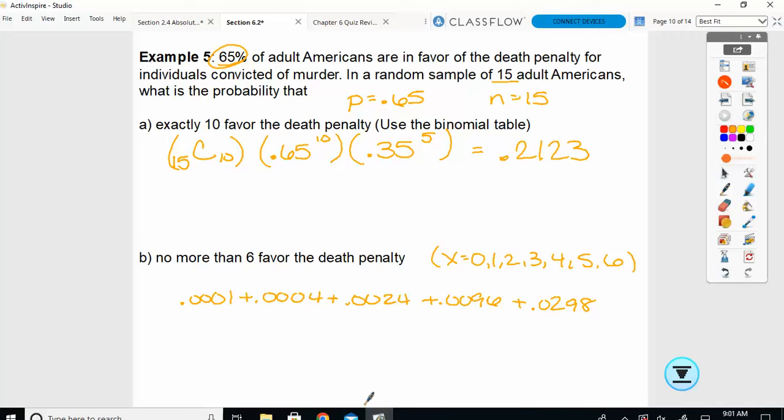And this is when the table really saves you a lot of time, when you have multiple things you have to calculate. We should get 0.0423. Is that okay with everyone?